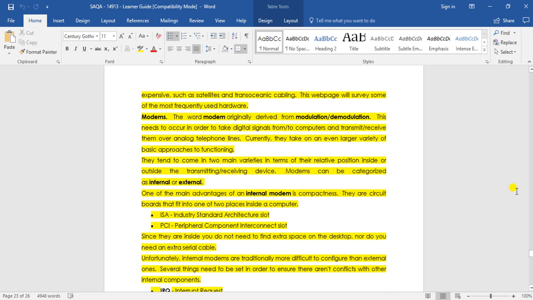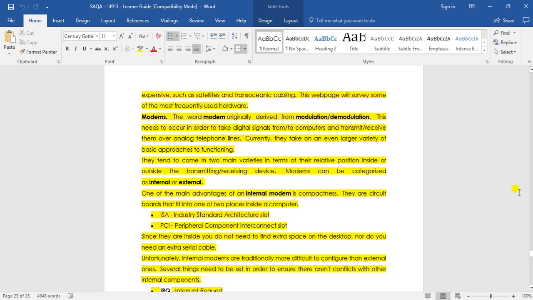Modems. The word modem originally derived from modulation and demodulation. This needs to occur in order to take digital signals from or to computers and transmit and receive them over analog telephone lines. Currently, they take on an even larger variety of basic approaches to functioning.